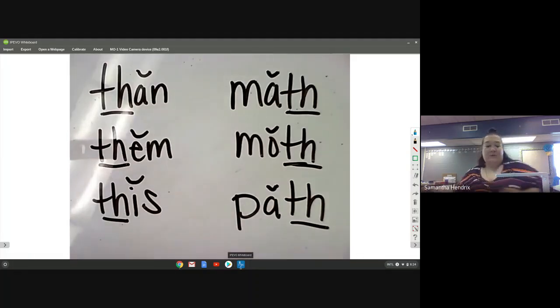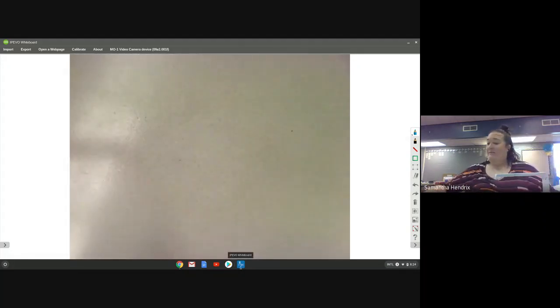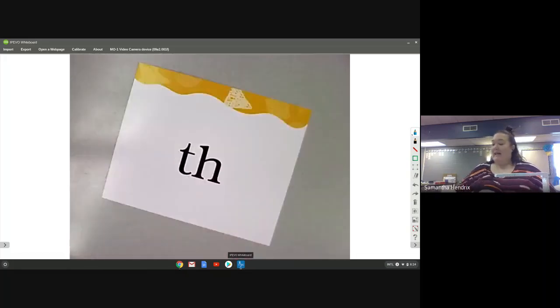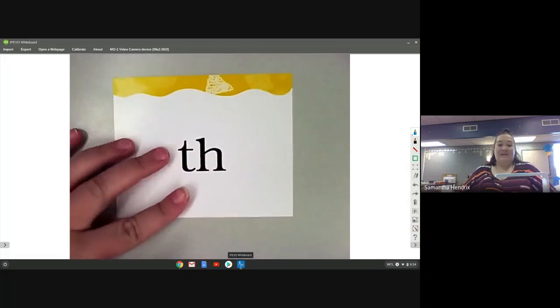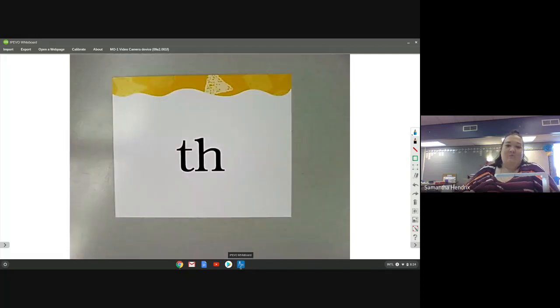So, we have new word cards and rule cards for our new thing. Just like the other one, we're not going to say TH. What are we going to say? Digraph TH. Good. Just like yesterday's, we don't say CK, we say digraph CK.